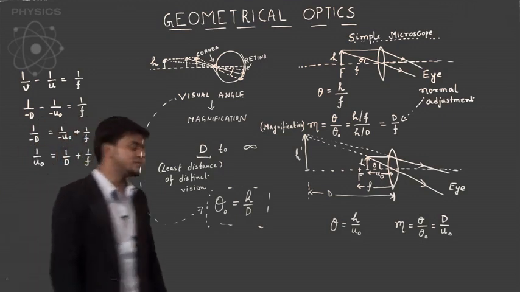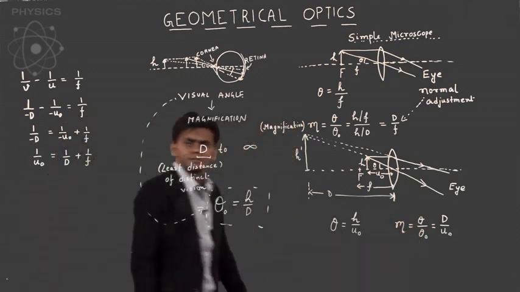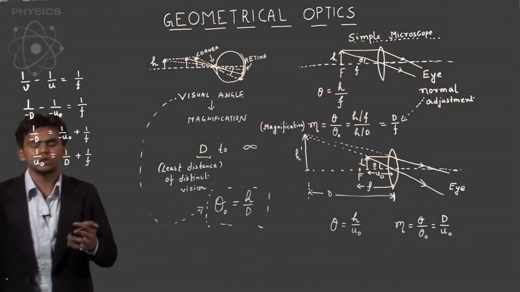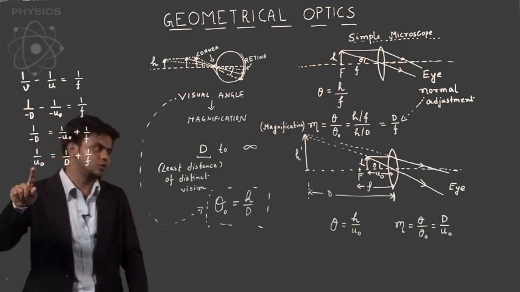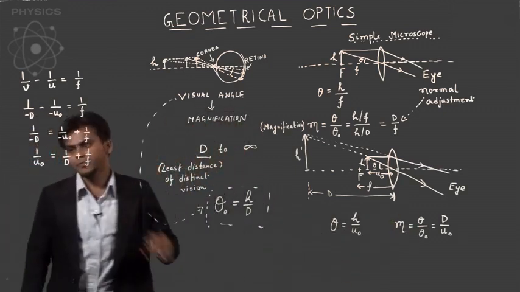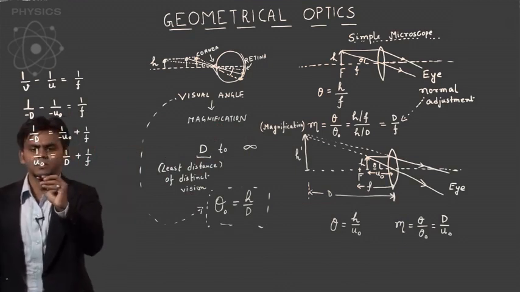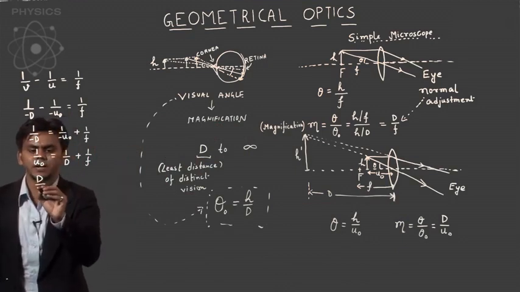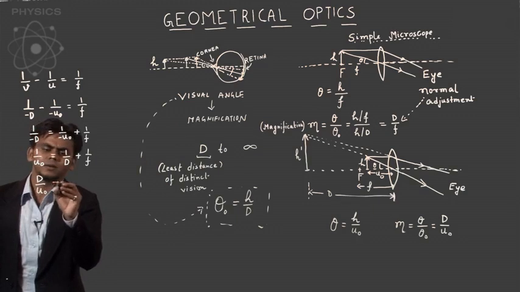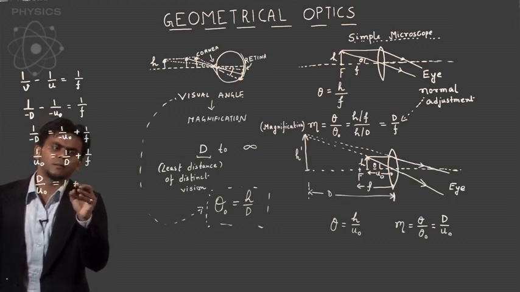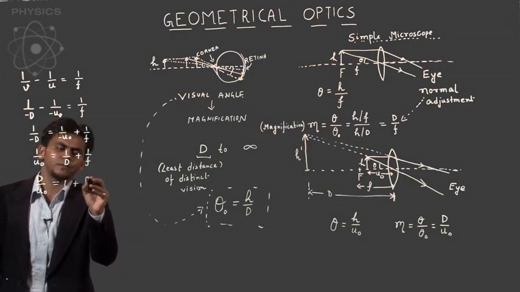Now what I need is d by u naught. Just multiply d all over. What I will have is d by u naught is equal to d by d, which is 1, plus d by f.